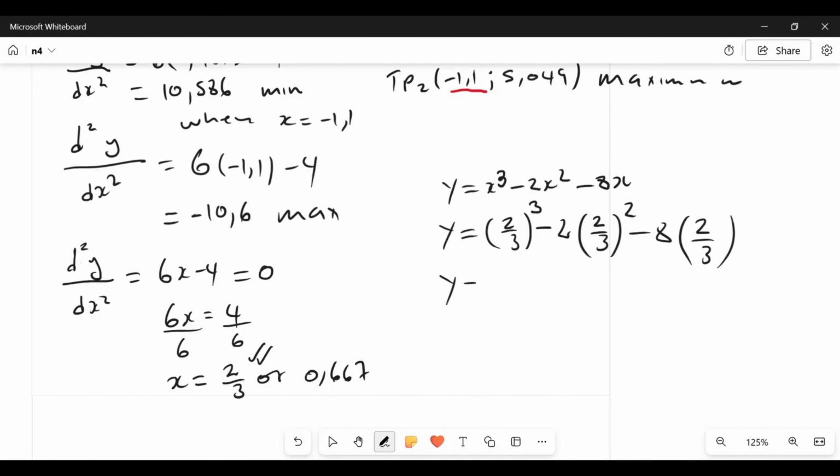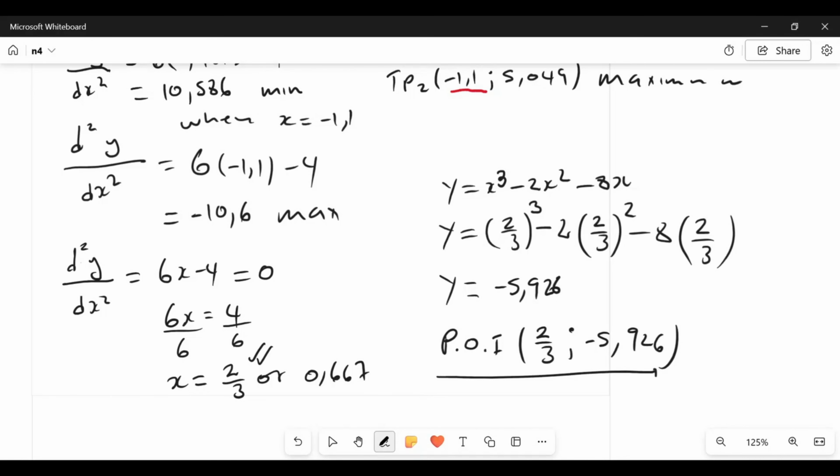If you put this on your calculator, we're going to get negative 5.926. So this here is our y coordinate. So point of inflation, the coordinate go like this. We have 2 over 3 for x, and for y we have negative 5.926. There we go. So here is everything on that question.